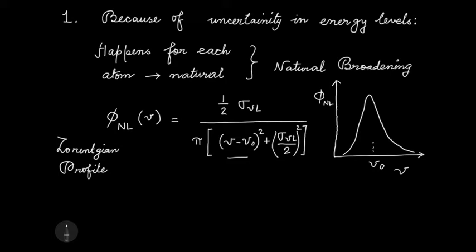You may have seen this function if you have done the damped harmonic oscillator. This is the same profile that you get there. It has the maximum at the frequency nu naught, and the spread is related to the quantity sigma NL. So sigma NL gives you the width or the broadening of the spectral line.